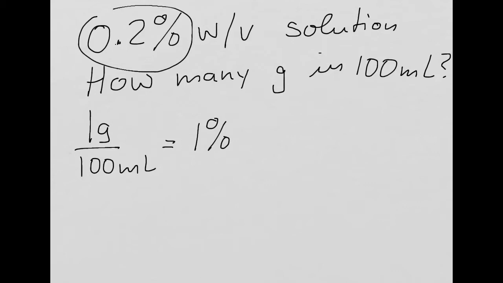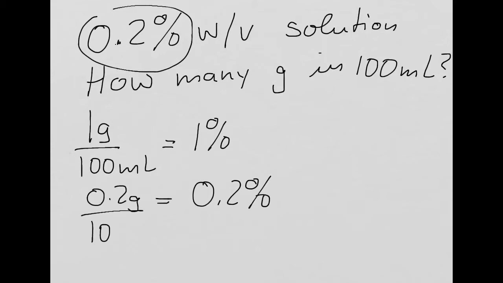So instead of 1 gram, I have only 0.2 grams per 100 milliliter. So with 0.2%, I have 0.2 grams per 100 milliliter. Yeah? Does that make sense?